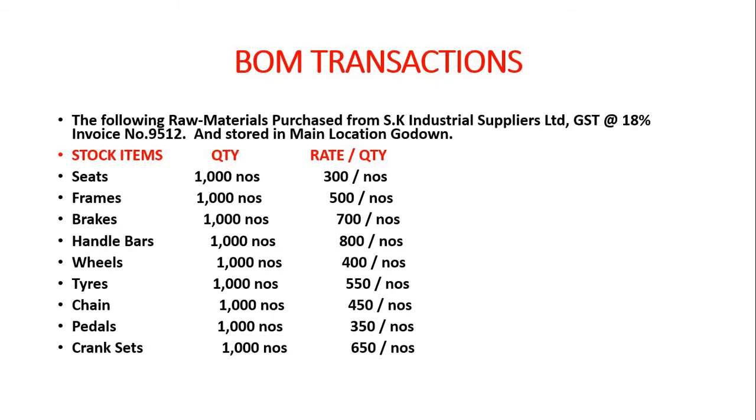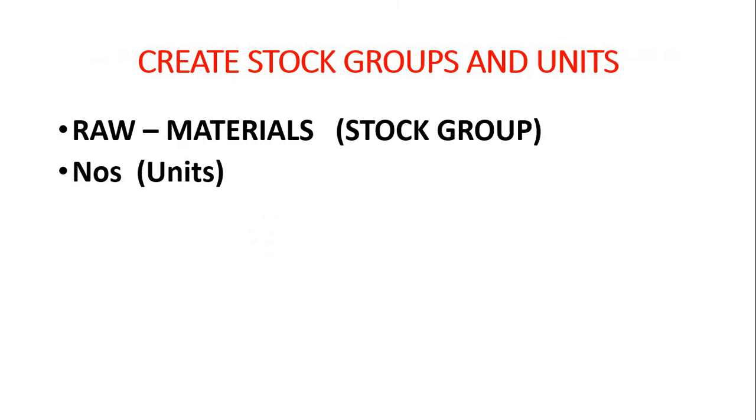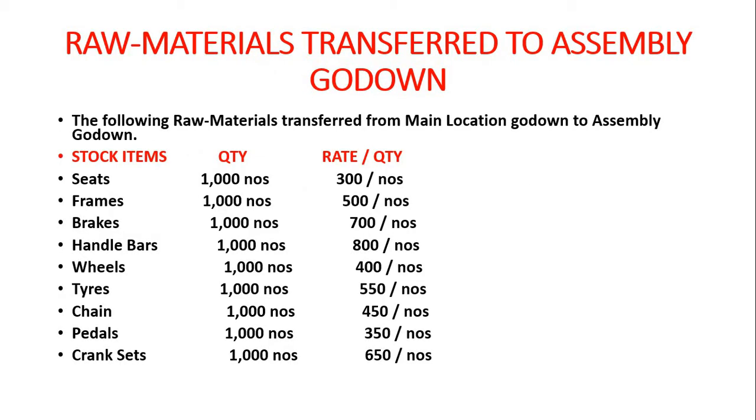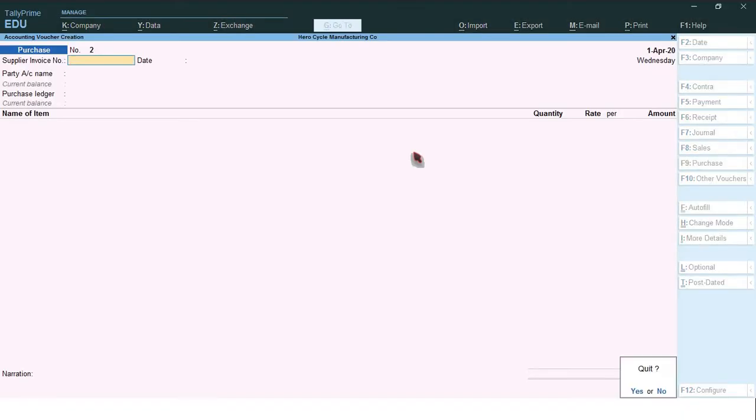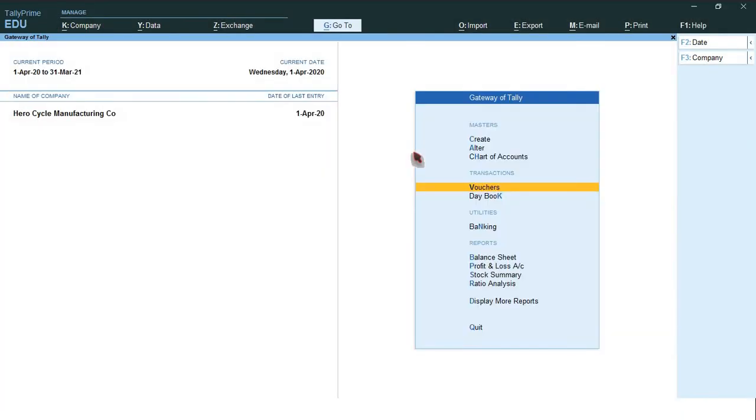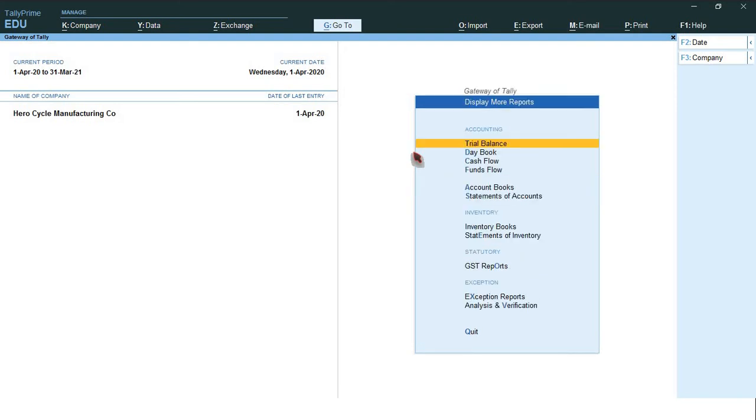Okay friends. So next, the following raw materials are transferred from main location Godown to assembly Godown. So you have to pass this entry in inventory vouchers, in stock journal vouchers. Before entering this transaction, you check the stock position in main location Godown. Press display more reports.